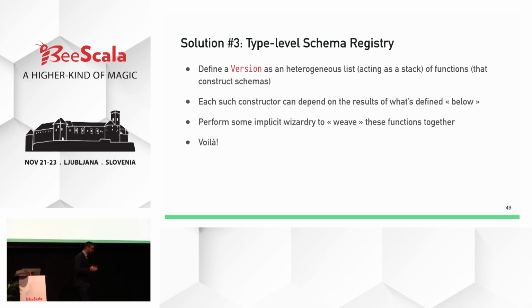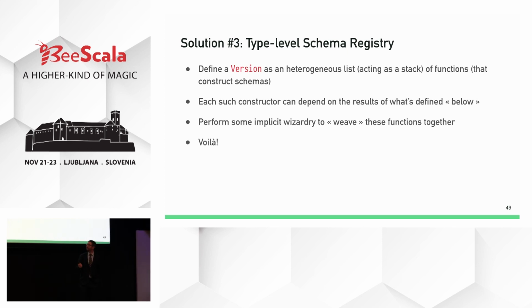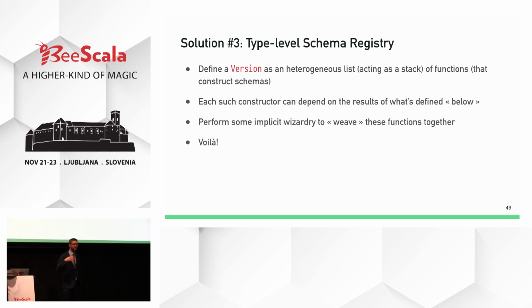And the solution to that problem is pretty funny. We defined what we call a version. And a version is basically an HList, or if you want, it's a dependency graph. It works like a stack, where you put functions.